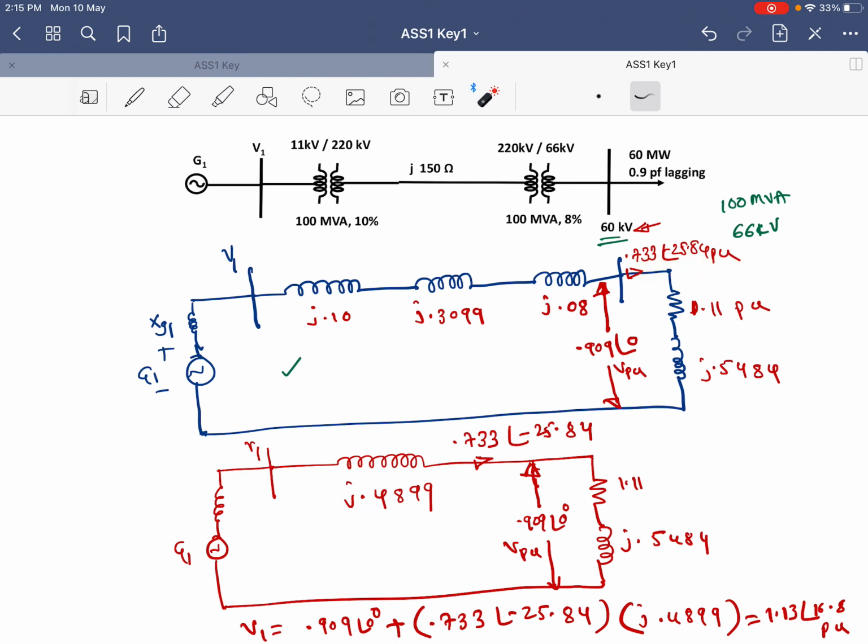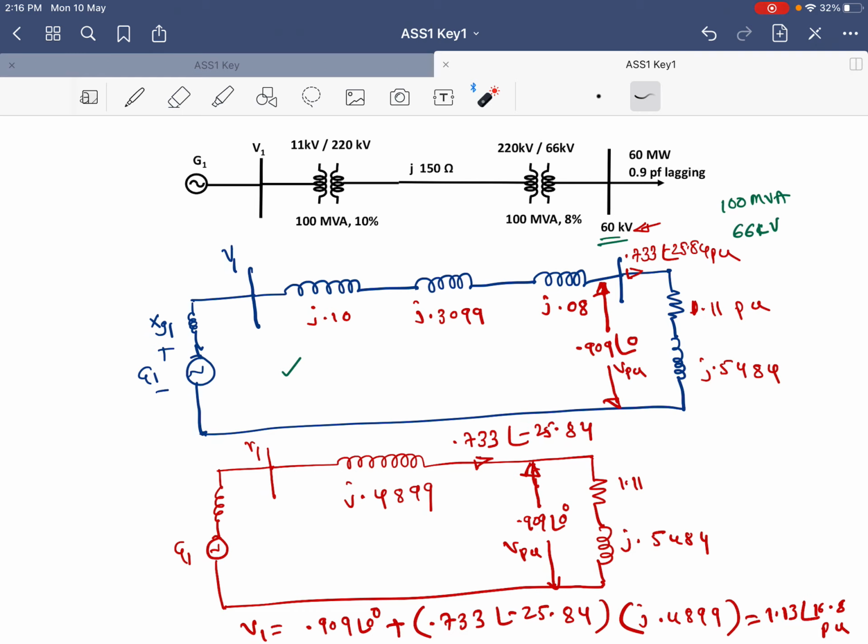This voltage plus the drop in this, then what I am getting is V1 here. Therefore, before that, I am adding all these three reactances, therefore replaced by a single reactance. The same voltage I am keeping here as it is, that is 0.90 an angle of 0. The current remains the same here.